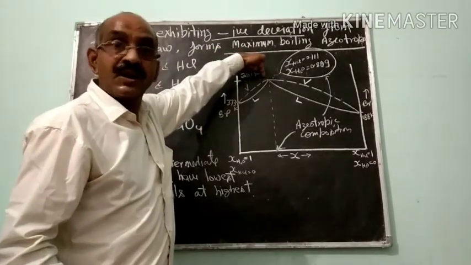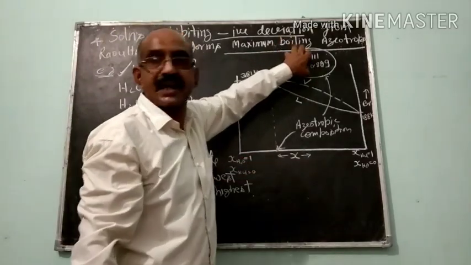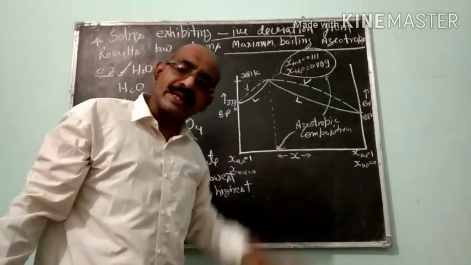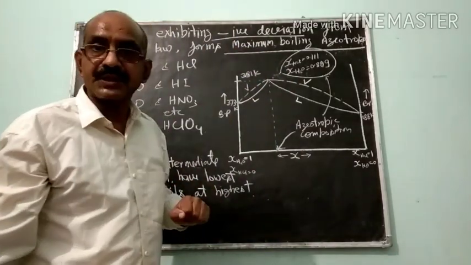Is it clear? So why this certain composition boils at higher temperature? Because this intermediate composition is having the lowest vapor pressure and therefore boils at highest boiling point.